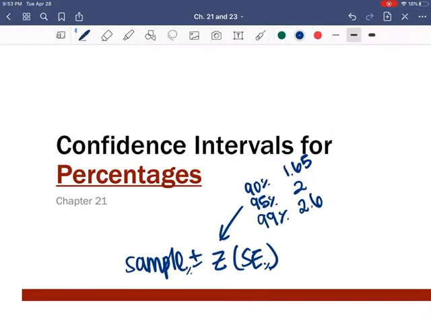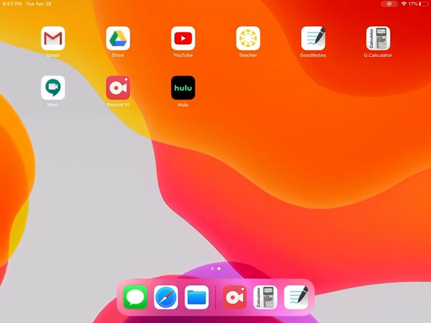Quick reminder about our sample percent and our SE percent: the sample percent will be given to us, or we'll be able to calculate it. The SE percent is a formula we know, and we can look at our cheat sheet.